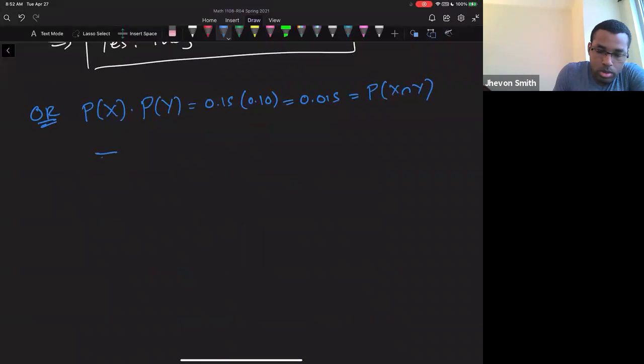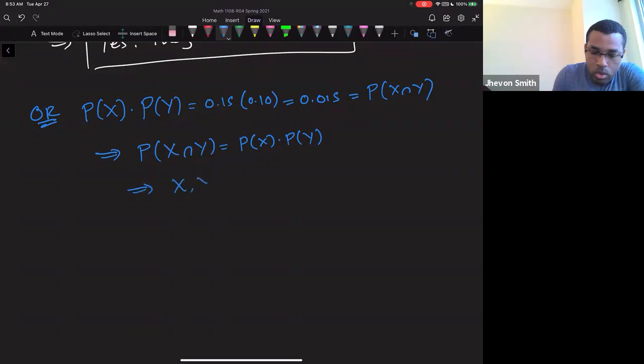And so you would see that the probability of and is the product of probabilities, and so you would get that X and Y are independent that way.